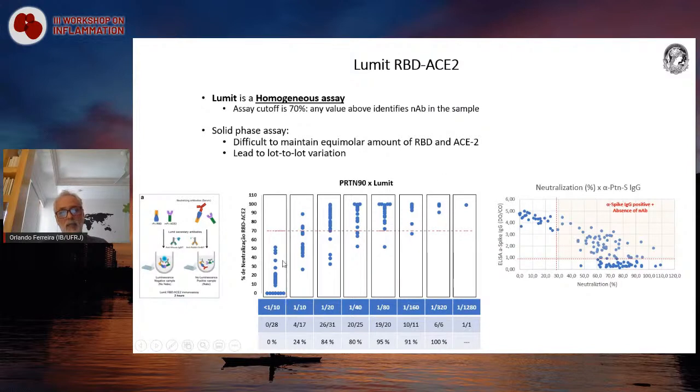And in this experiment we did, we correlated the percentage from the Lumit with the PRNT90, and you see that the higher the PRNT titer of the sample, the higher is the Lumit assay as well.